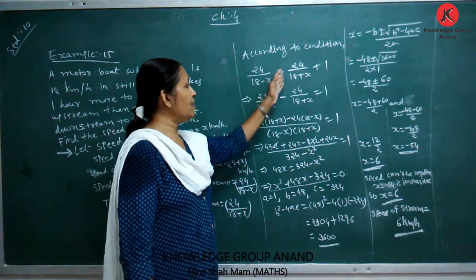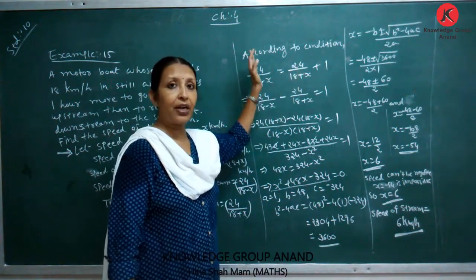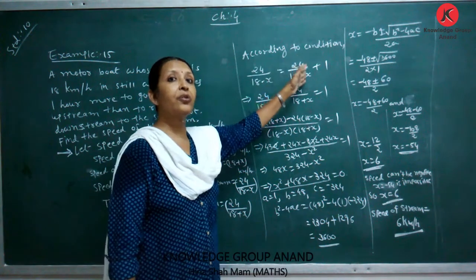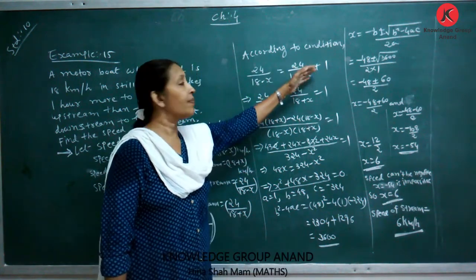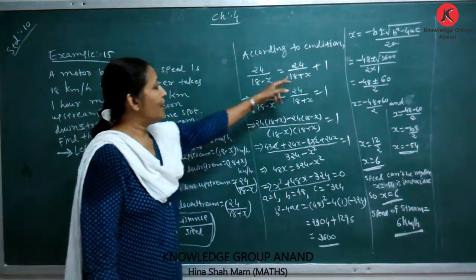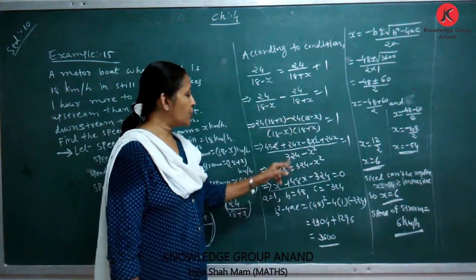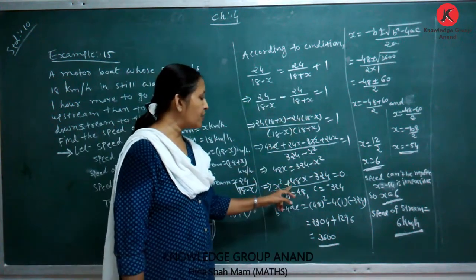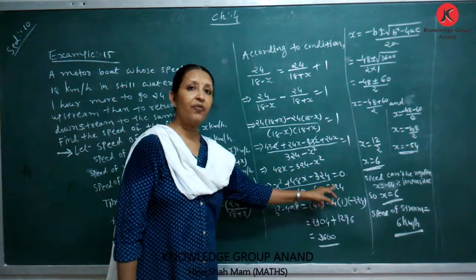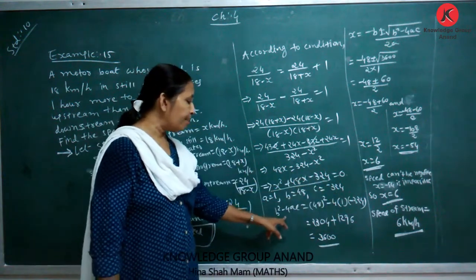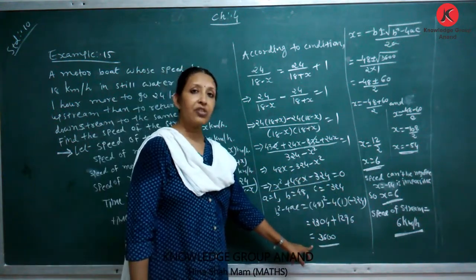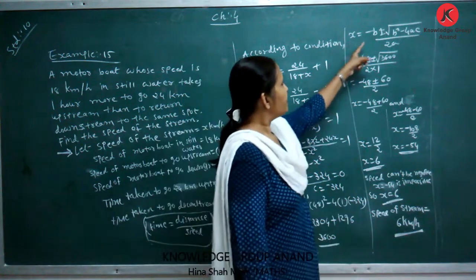Here we write time taken upstream is equal to time taken downstream plus 1. Then simplify. In the equation, we get x square plus 48x minus 324 is equal to 0. b square minus 4ac is equal to 3600.